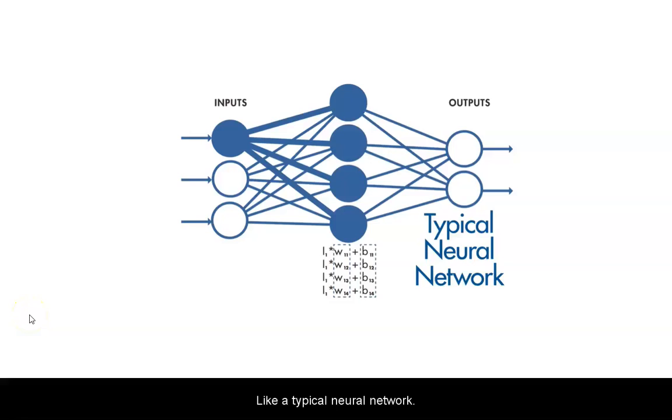Like a typical neural network, a convolutional neural network also has weight and bias in its neurons. The model learns these values of weight and bias during the training process, and it continuously updates them with each new training example.